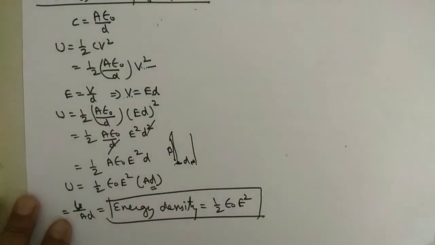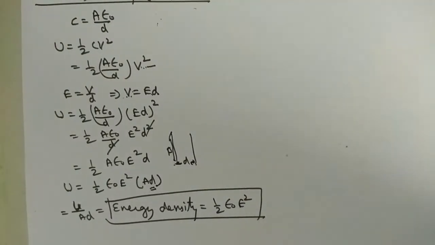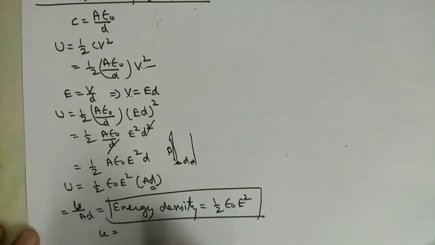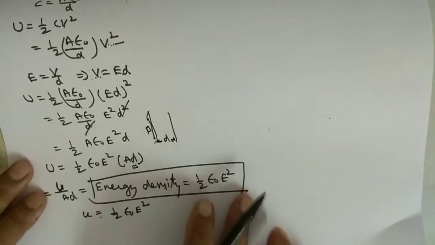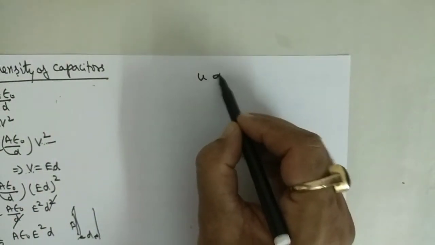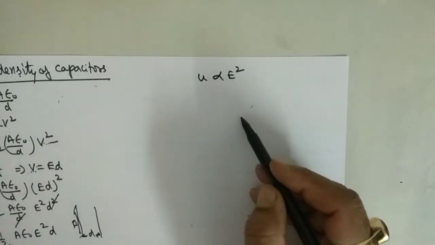I think there is no doubt. It's very simple, and we can find one conclusion from here. I am taking the energy density as small u. Small u is equal to half epsilon naught E square. From here you can see that u is directly proportional to E square.